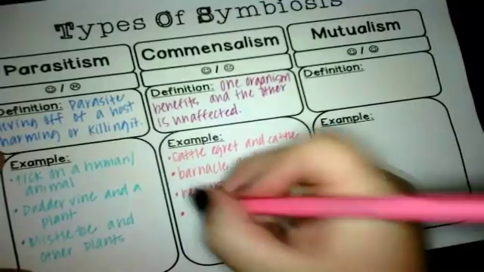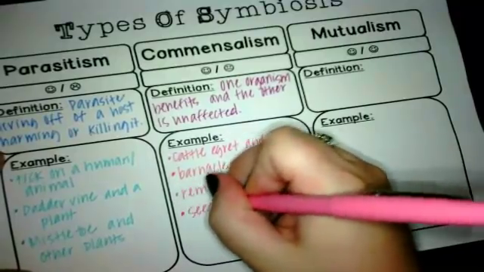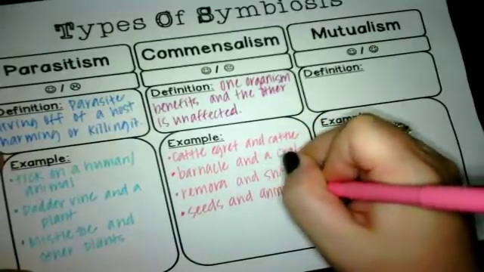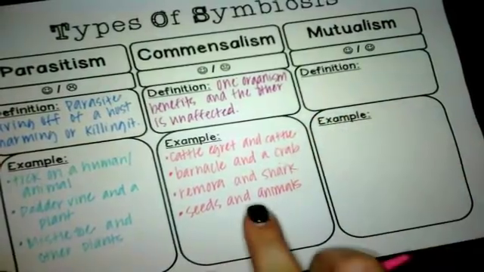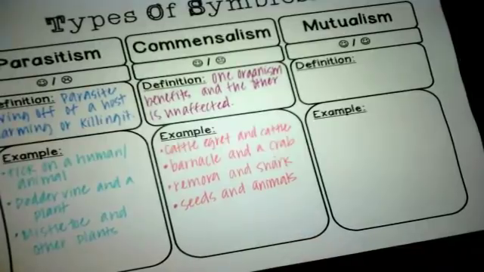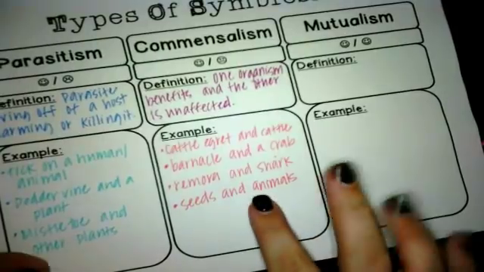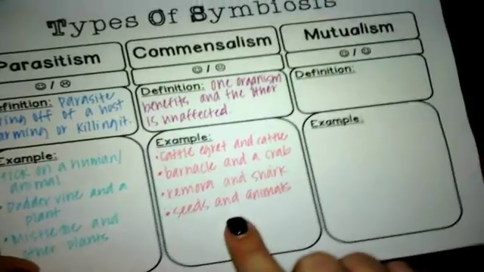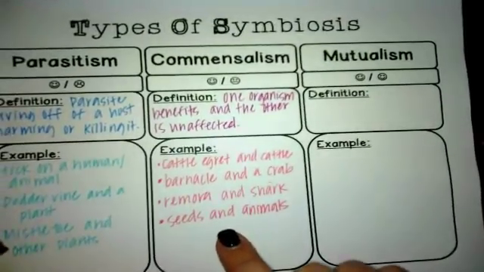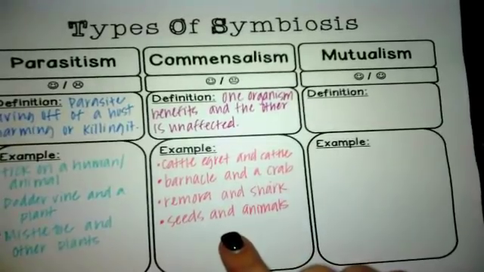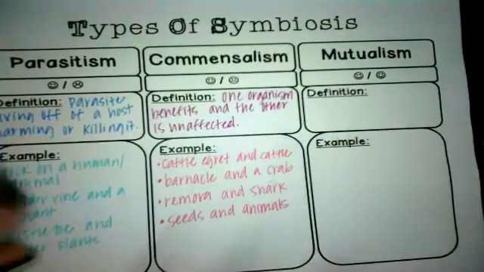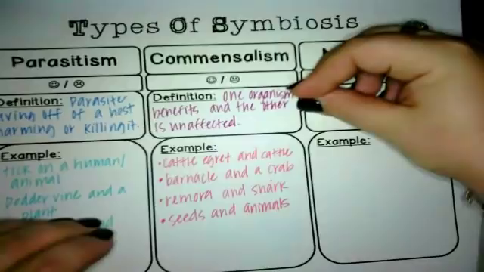All right, and last but not least, seeds and animals. Okay, so all animals that have fur or feathers or something that seeds can attach to are at risk for this type of symbiotic relationship. These seeds will get in the fur of your animal or wild animals, and as they travel from one place to another, the seeds pick up over here and then they drop off over here.